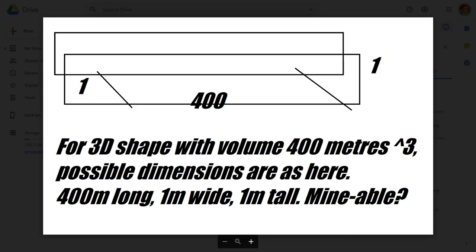And maybe one more image to consider is a 1 meter square access way. So this is typically too small for a person, but if you're doing robot assisted mining, then this is potentially a mineable width.